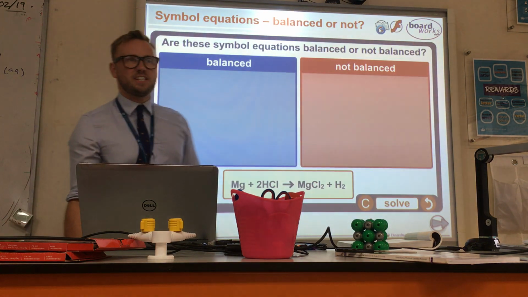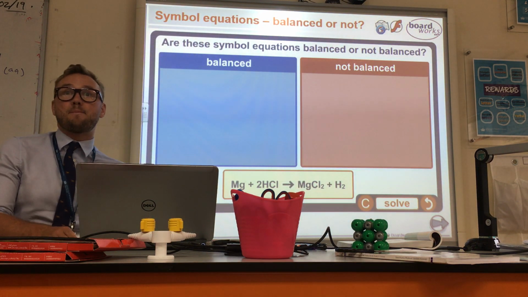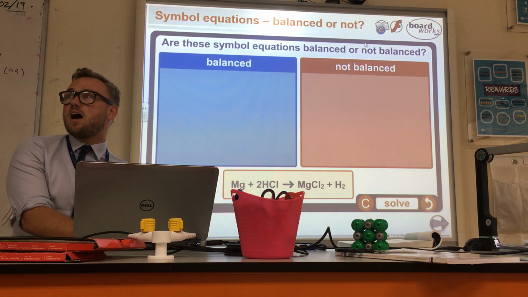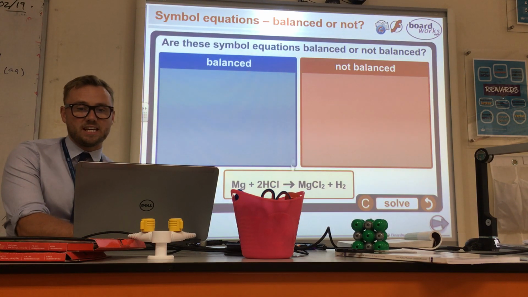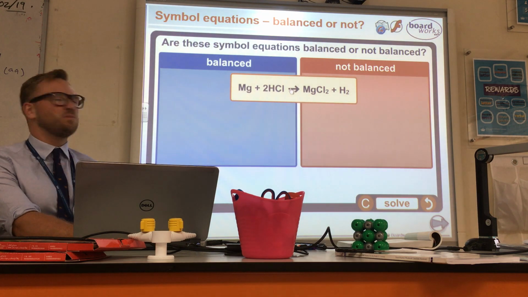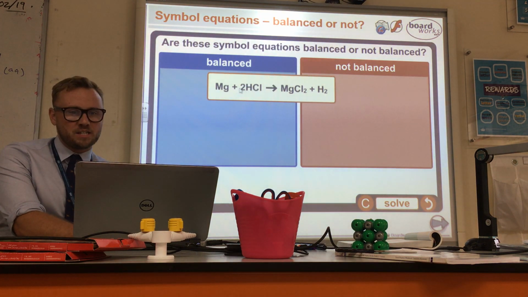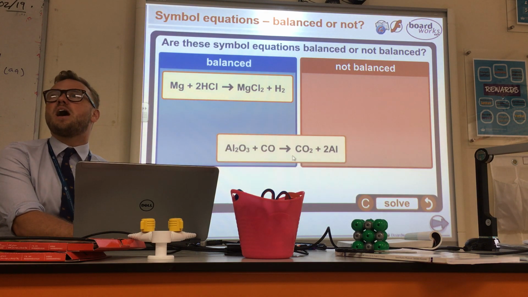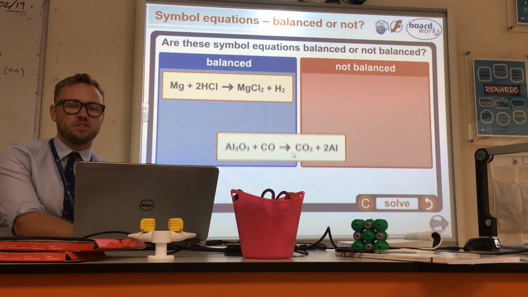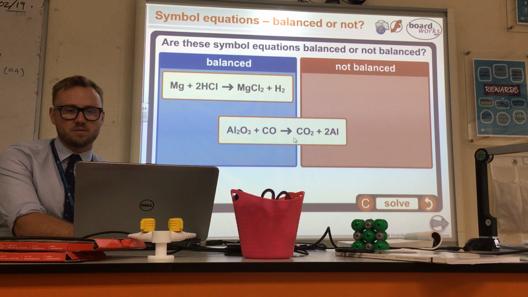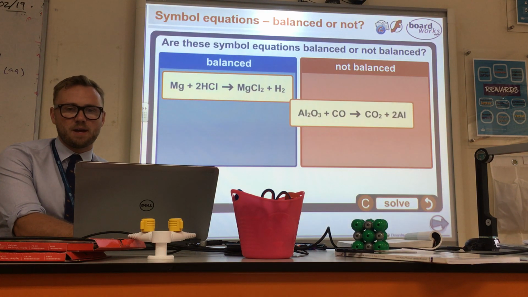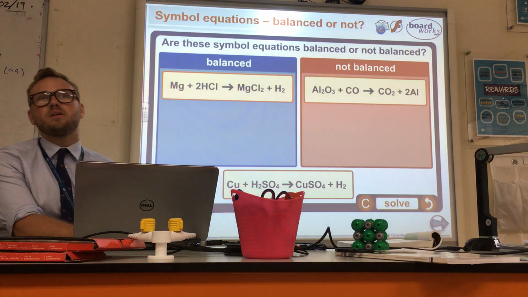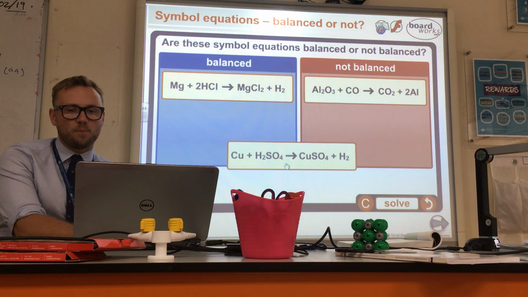Right, let's have a little look at these equations and you can tell me if you think they're balanced or not. Marvel, yes. What about this one here? Do you think it's balanced or not? Yes. You think it's balanced, okay. What about this one here? Tommy, at the back, what do you think? Balanced or not? No. Okay, not balanced, okay, we'll copy that. Jordan, balanced or not?